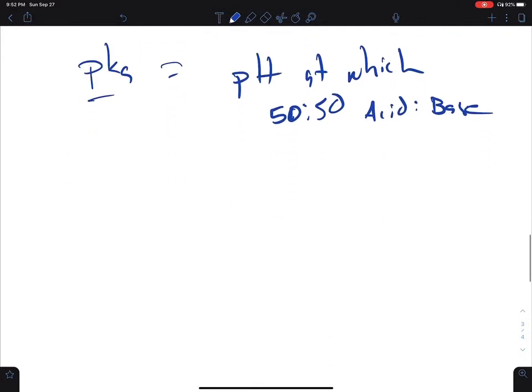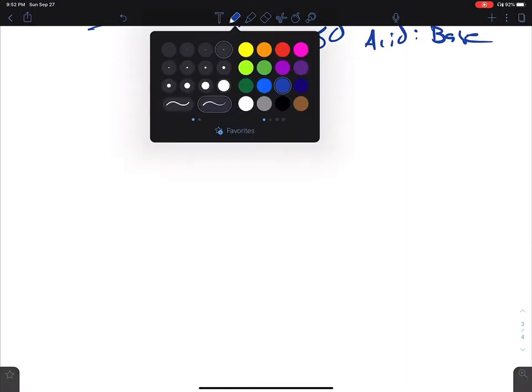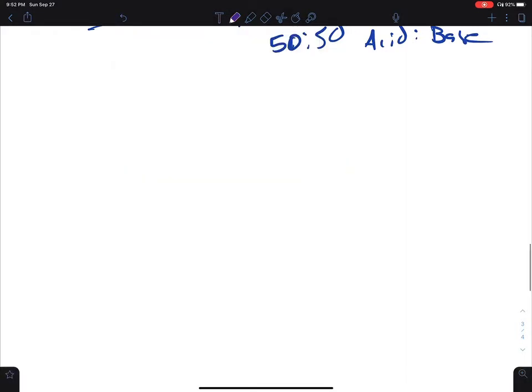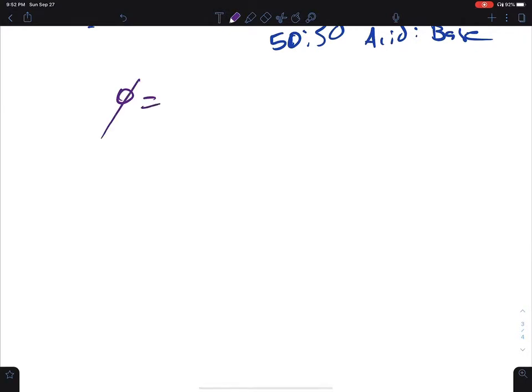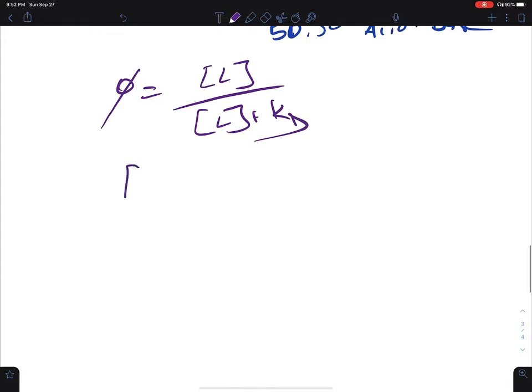Let's just do a couple more of these just to get the hang of it. So let's go back here. I'll change my color to purple because, prints. Theta is equal to the ligand concentration over the ligand concentration plus the Kd here. Why don't we say that the ligand concentration now is equal to, were we in a live class, I'd have you give a number, but let's just say 4 Kd, right?